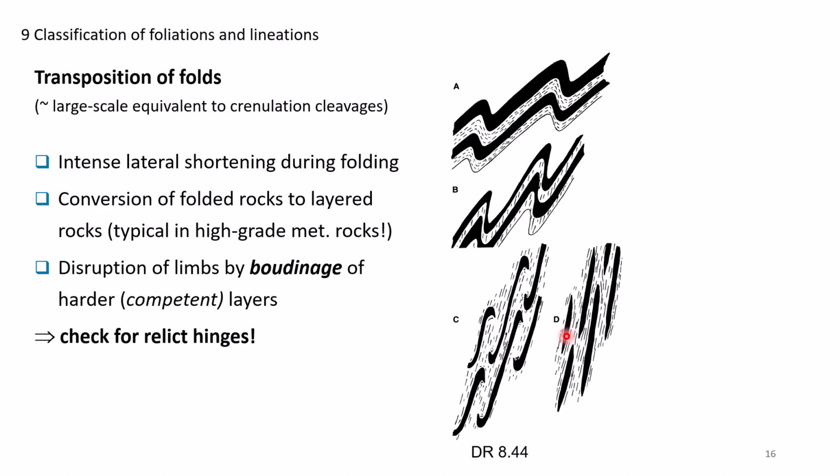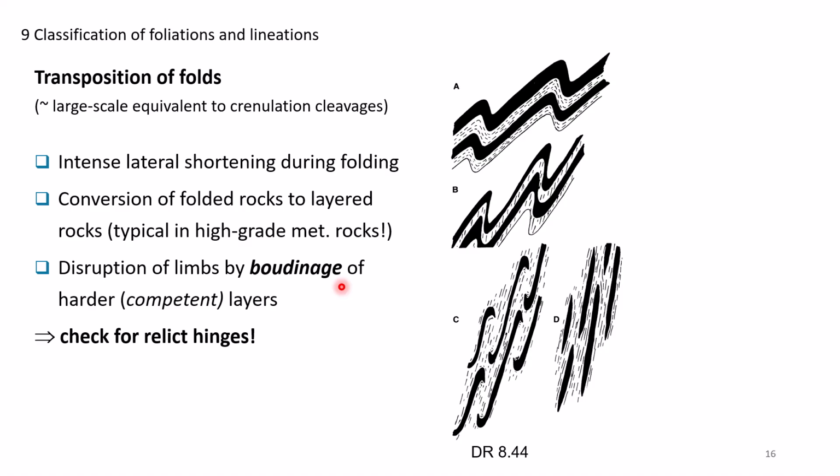For the field geologist, such evidence would require that you look for less deformed parts in the same rock sequence, and you might find relic hinges that give away that you are not looking at rocks with lenses, you are looking at rocks with sheared off hinges of folds that initially go back to an interlayering of competent and less competent layers. The disruption along these hinges is a process that we refer to as boudinage.